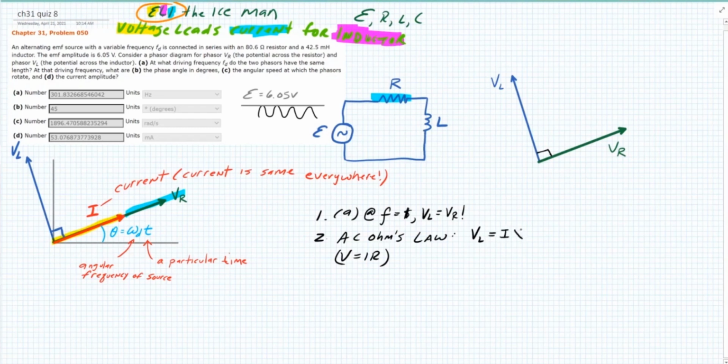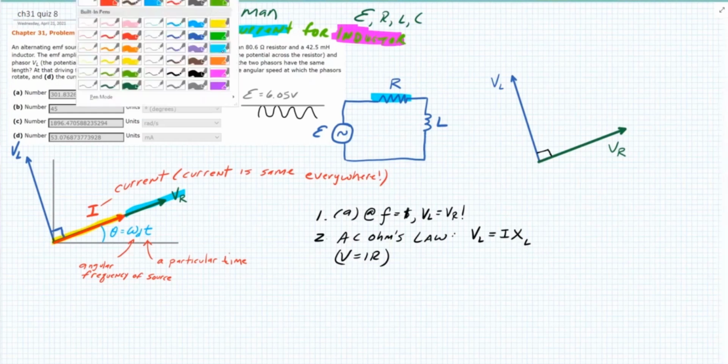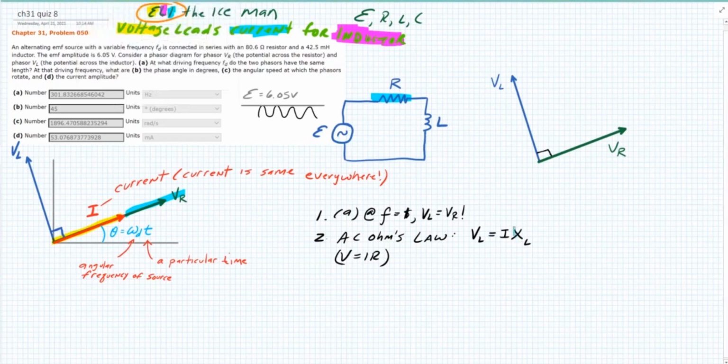And for an inductor, we don't use R for resistance. We use XL for reactance. XL is called inductive reactance, and it's basically the pushback or the resistance represented by the inductor. So VL equals I times XL.